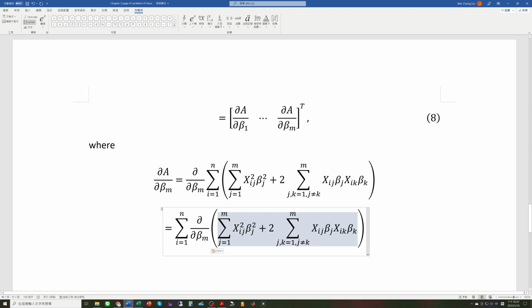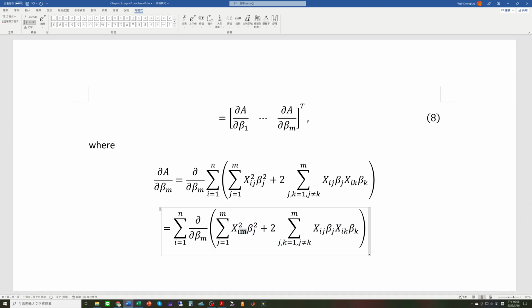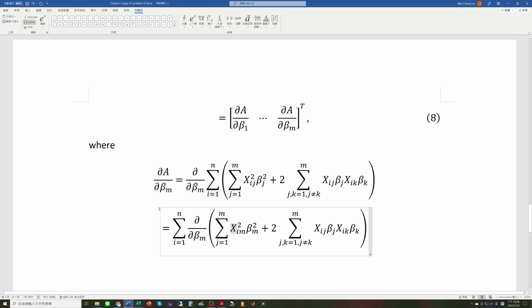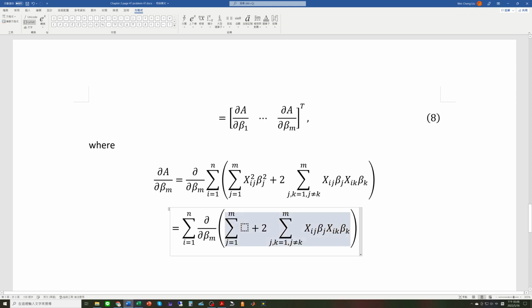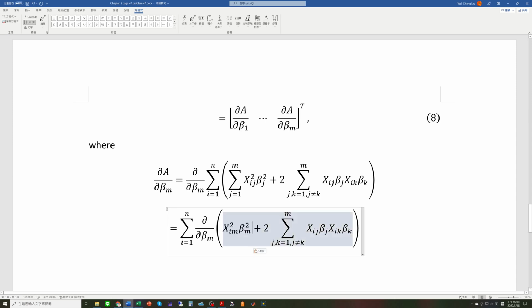So j is equal to 1 to M. The only term that contains beta M is xi M and beta M. So we only keep this term, and we can delete this summation.